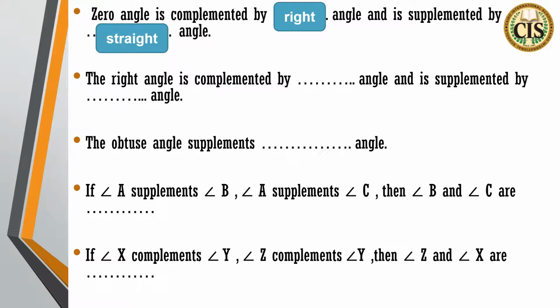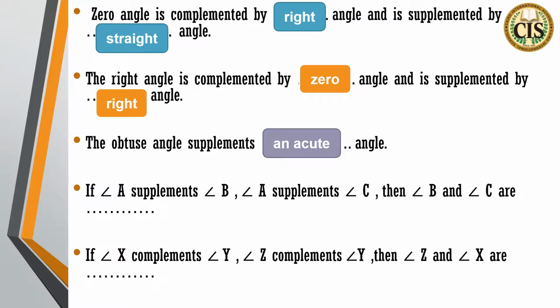The right angle is complemented by what? It is complemented by the zero angle, and supplemented by a right angle. The obtuse angle is supplemented by an acute angle.